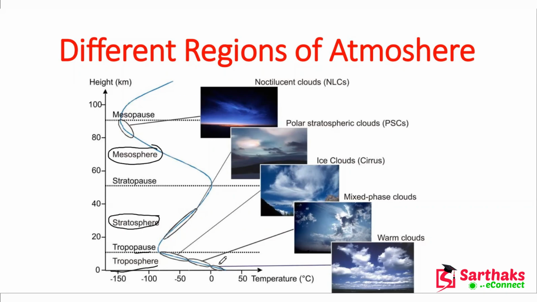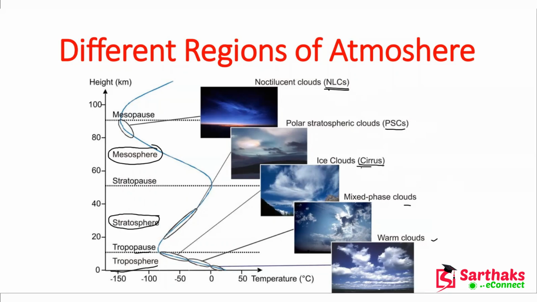Here warm clouds form, here mixed phase clouds are formed, and here ice clouds are formed, also known as cirrus. Here polar stratospheric clouds, PSCs, are formed, and here noctilucent clouds are formed, also called NLCs. I hope it is clear that troposphere is at the bottom, then stratosphere and then mesosphere.